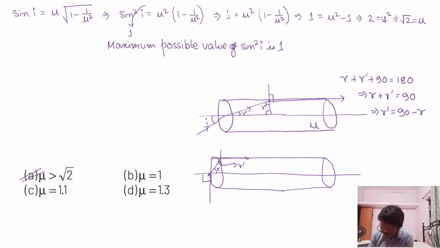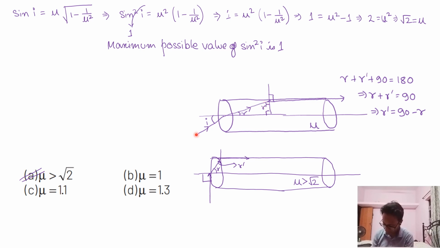So the condition for this to happen is mu greater than or equal to root 2. My main point out here is I must keep this r dash minimum. So if I can achieve total internal reflection at minimum r dash, then I can achieve total internal reflection at any angle of incidence.